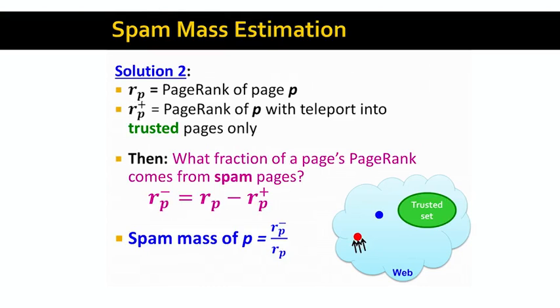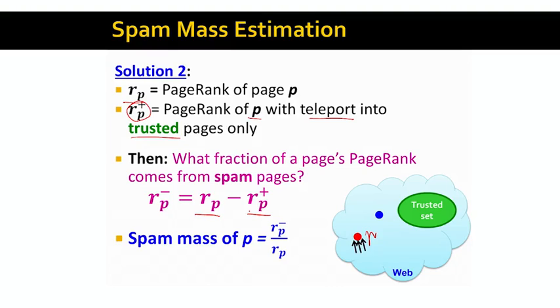We first compute R sub p, where p is our red node, and R sub p is simply the PageRank of node p. Then we also compute R plus of p, which is the PageRank of the same node, where the teleport was done to the trusted set of web pages. Now we can say that the spam mass of a given web page is simply R sub p minus R plus of p.